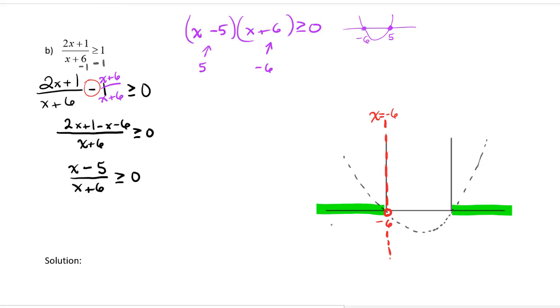So my interval for which the rational inequality is greater than or equal to 0 is on the interval from negative infinity to negative 6, parentheses on both sides, union, and now we can include this 5 over here because that doesn't include the denominator. So bracket 5, comma, infinity, close parenthesis.